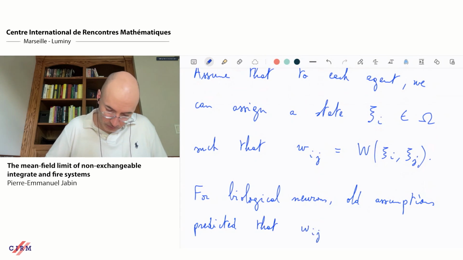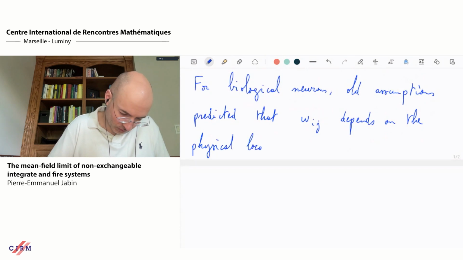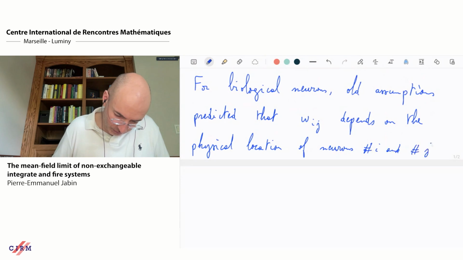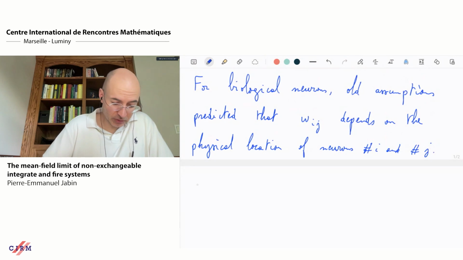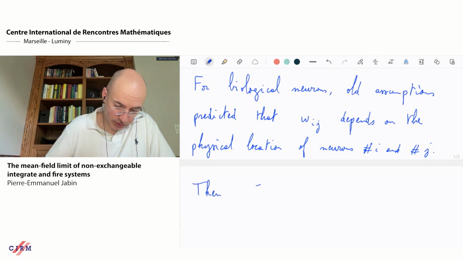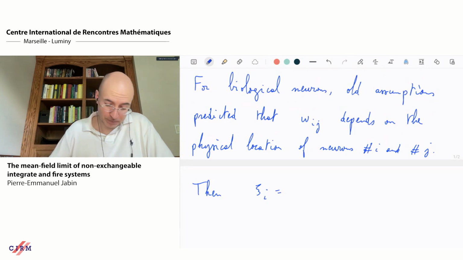So Wij depends on the physical location of neuron number I and neuron number J. So then, of course, psi I is just where the neuron sits in the brain.